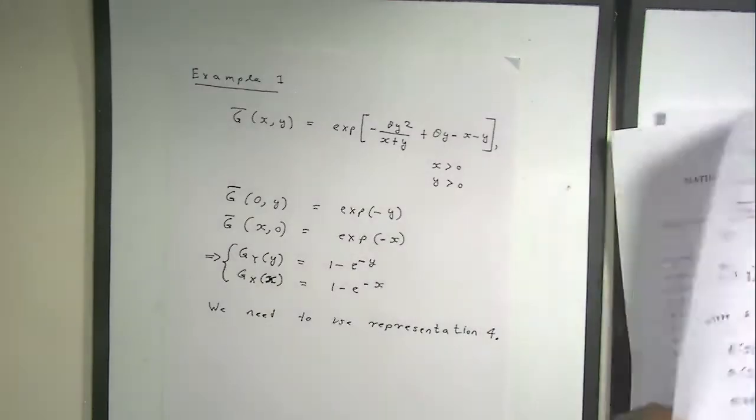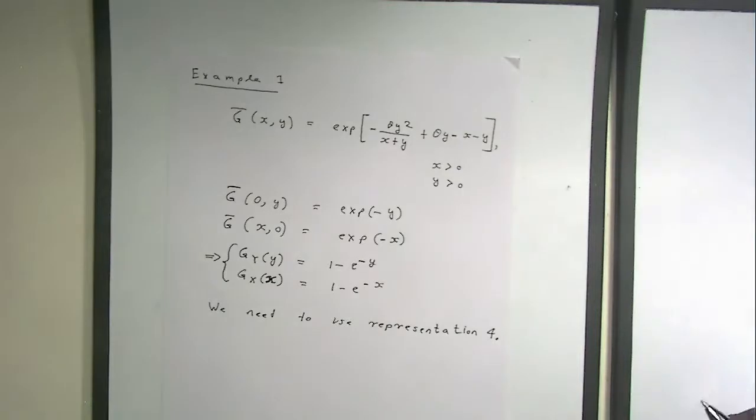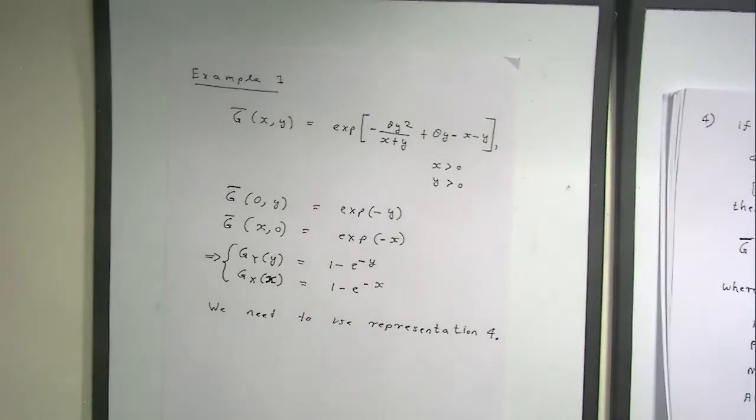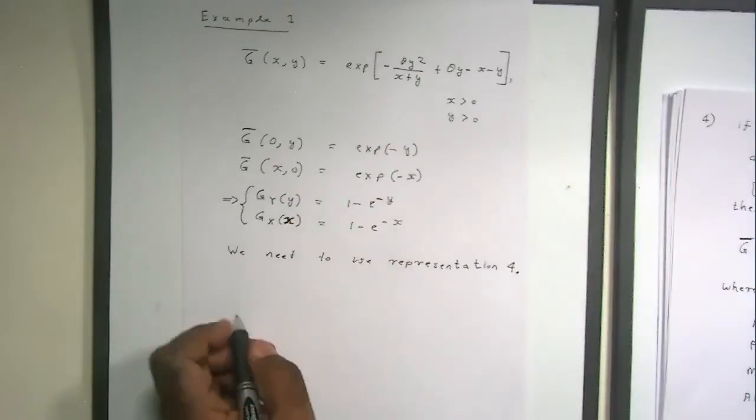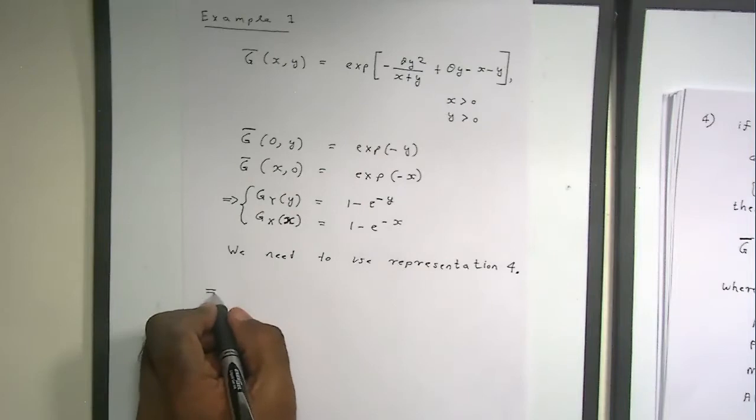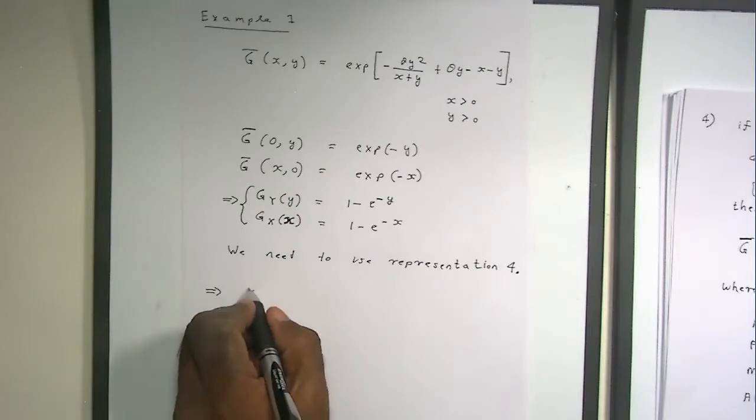This is representation 4. We must write this guy here in this form, right? This must be written in this form. So the way to do that is as follows.